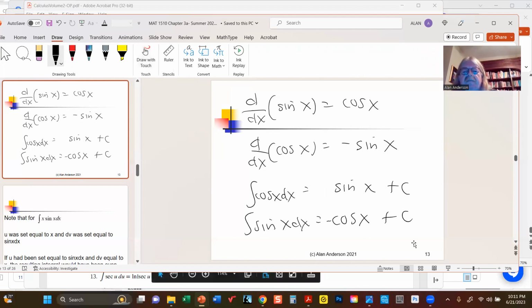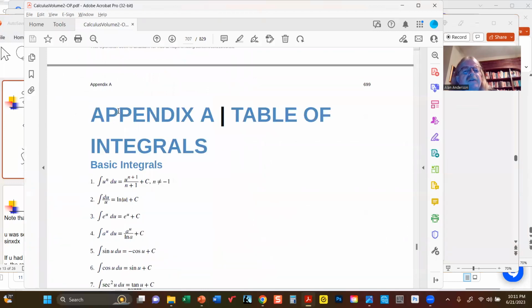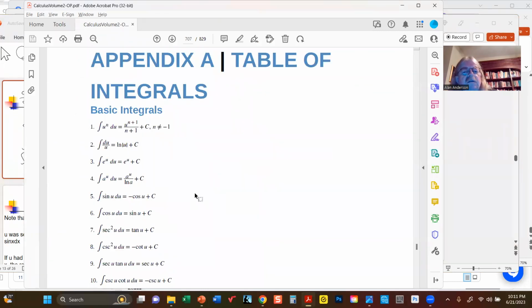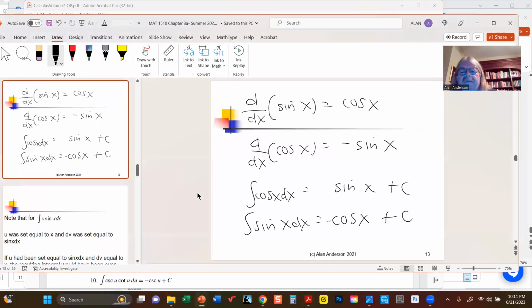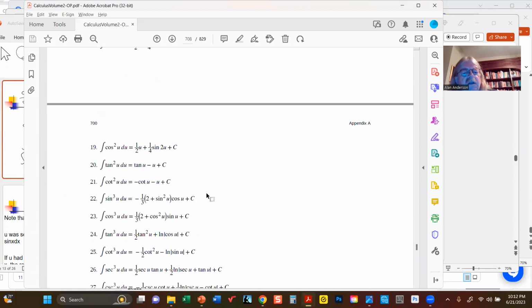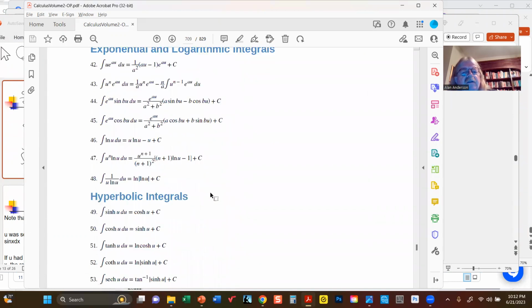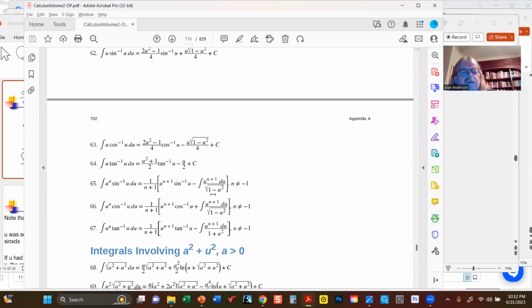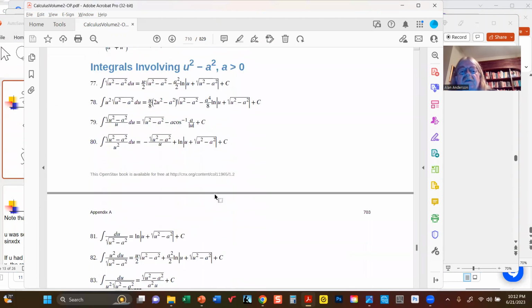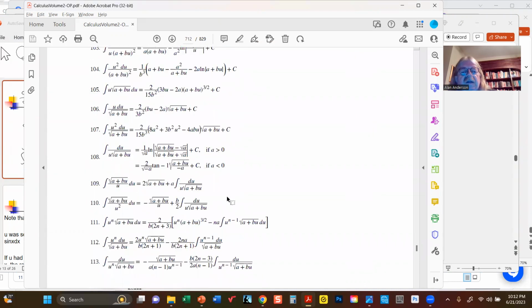Also, there's a derivative table here anyway, and a table of integrals. So if we forgot those, they're down here somewhere. Look at that list. They get really terrifying at the end there, don't they? If you notice too, the list of integrals is much, much longer than for the derivatives.